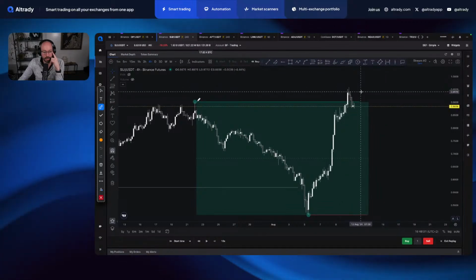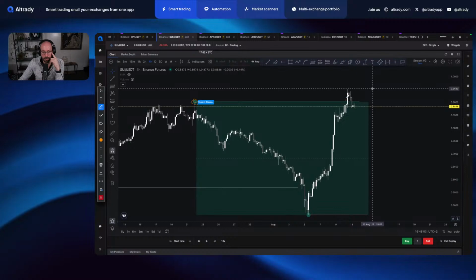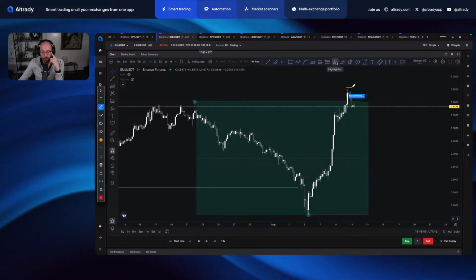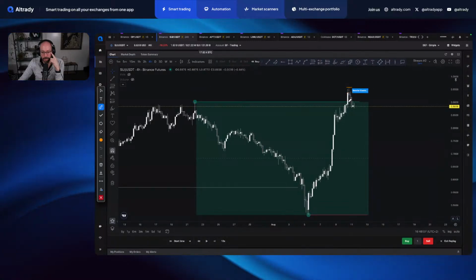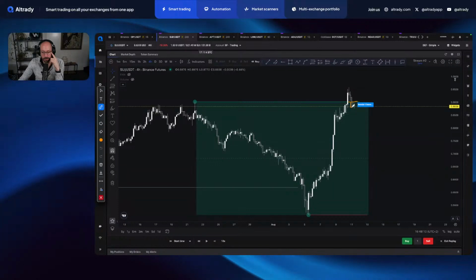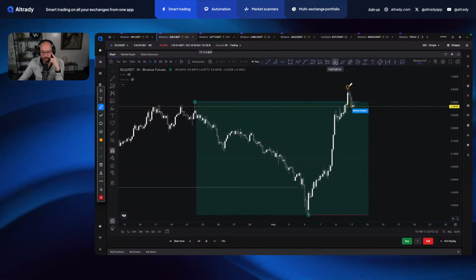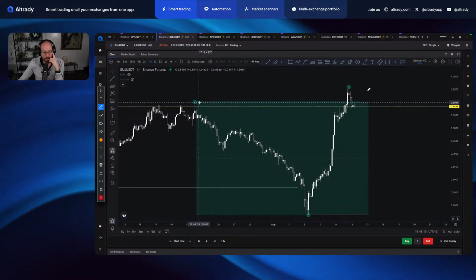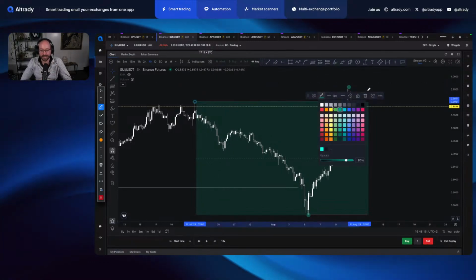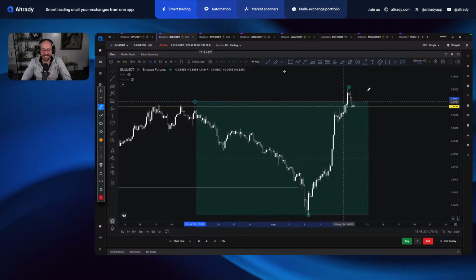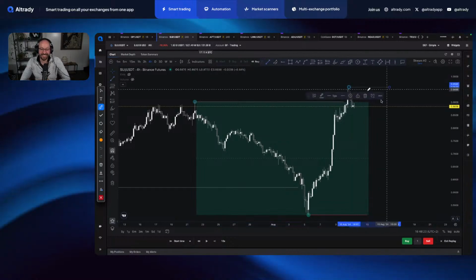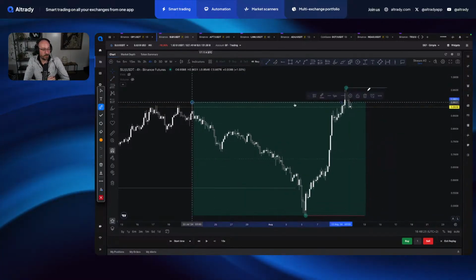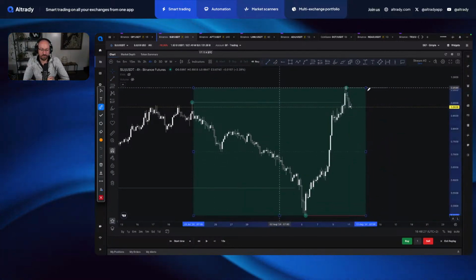So this one was broken with a candle close, forming a new high here, and this high was then ultimately closed below, validating or confirming this one as a swing high. Yeah, exactly. I'm getting it. You're doing good. This is exciting. Okay, so this is our new swing high, and this would be our new range.